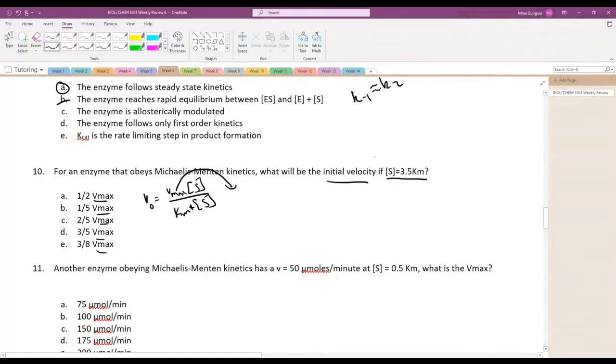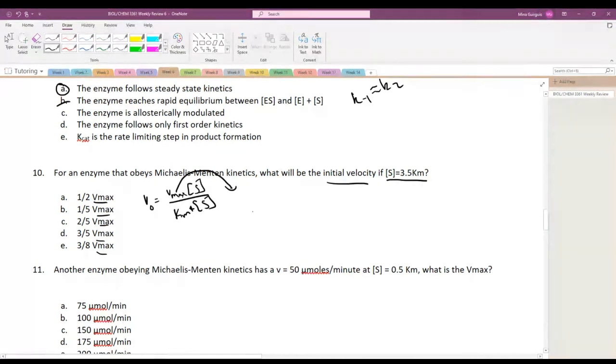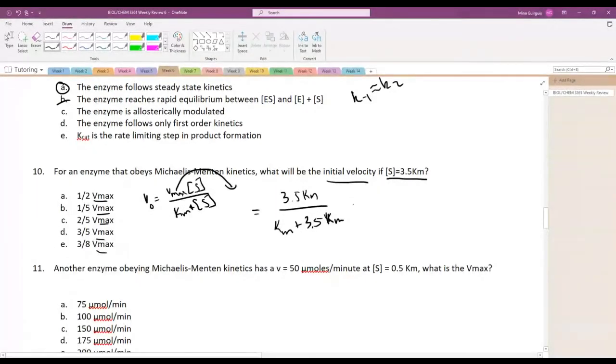We're going to solve algebraically to get it with this. Okay, so I'm going to say equals, well, substrate concentration is 3.5 times Km. At the bottom, we have 1 Km plus another 3.5 Km. And all of this is times Vmax, right?